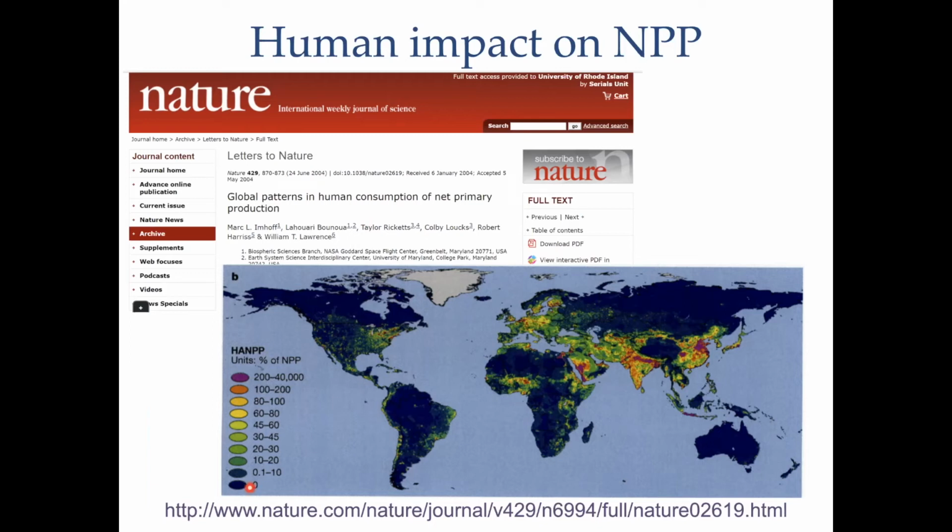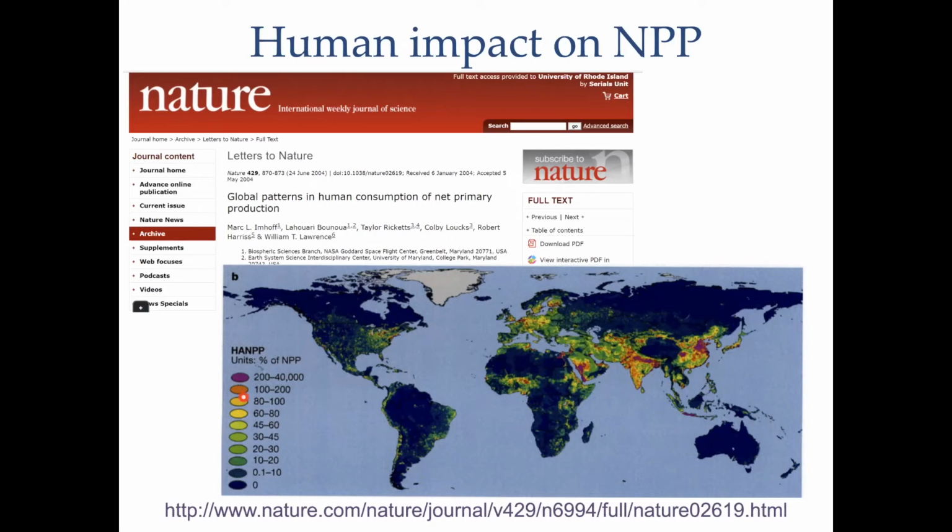And as we move from the blue color towards the yellow and then until the purple, we are seeing that humans are using most or even much more of the energy produced in those places than that place actually produces.